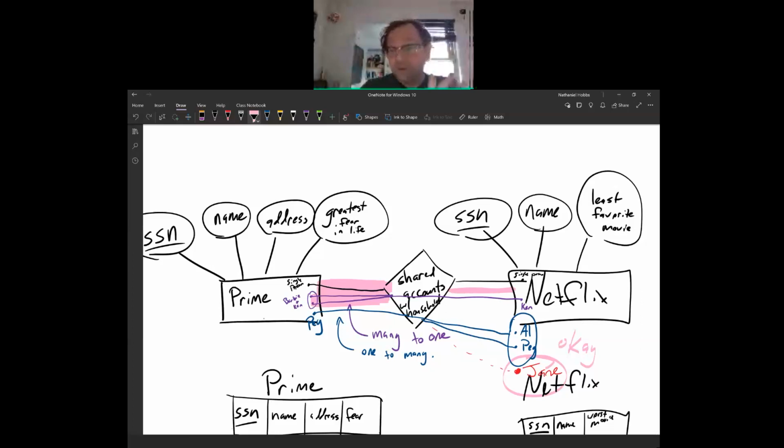So here, what this is saying, if there's a thick line on the right, which means at least one, and a thin line on the right, which says anything goes, that means Jane here, who's not connected to anybody with a Prime account, she's still okay. No problem. Because it's a thin line. Anything goes on the right-hand side of this.